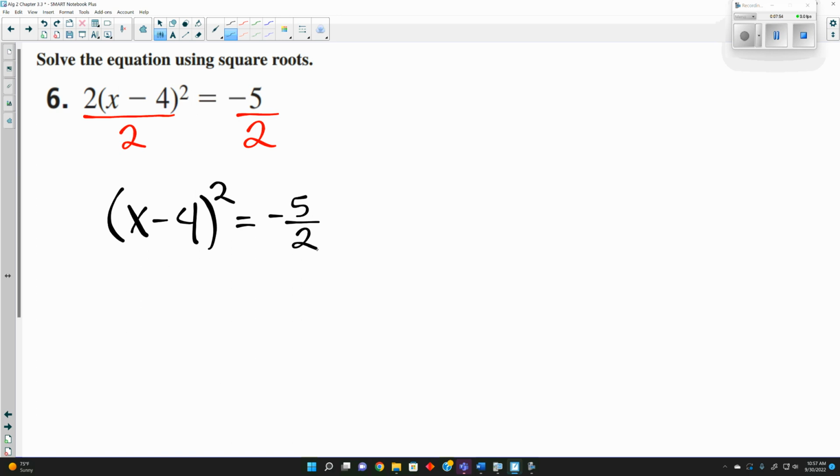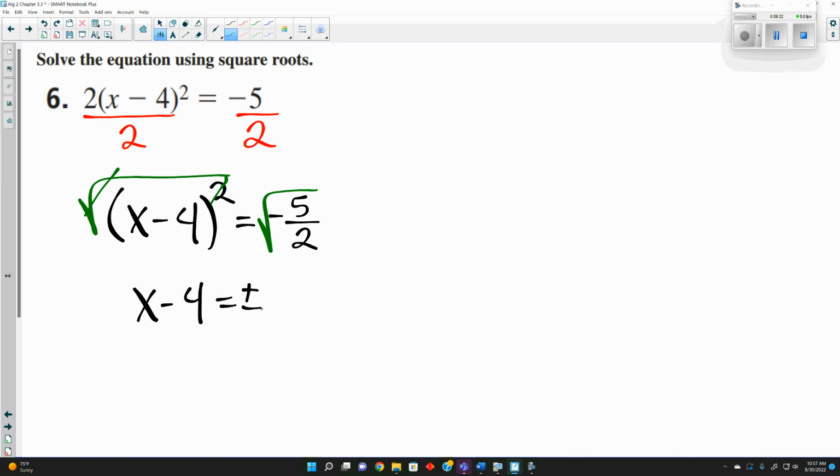And what do we need to do next? Here we go. So we'll find out soon enough. So what do we need to do next? We need to square root both sides, yes? So here the square root and square will cancel, telling us that x minus 4 is equal to plus or minus.